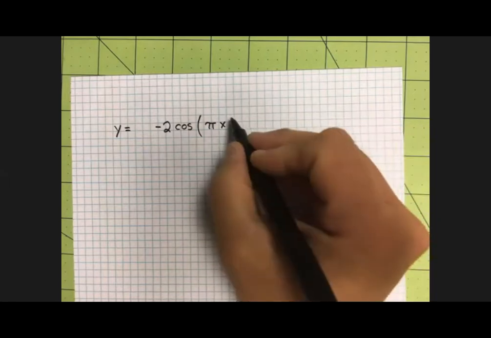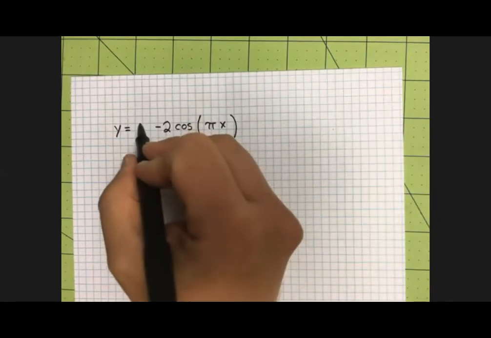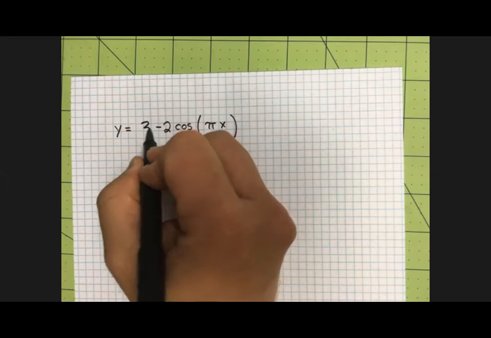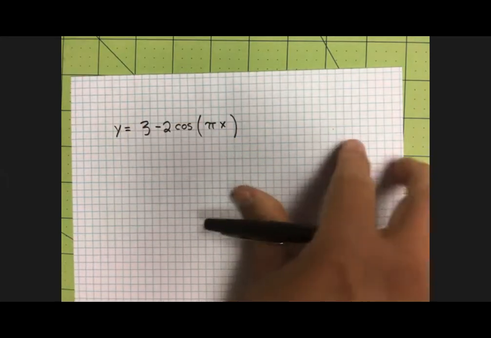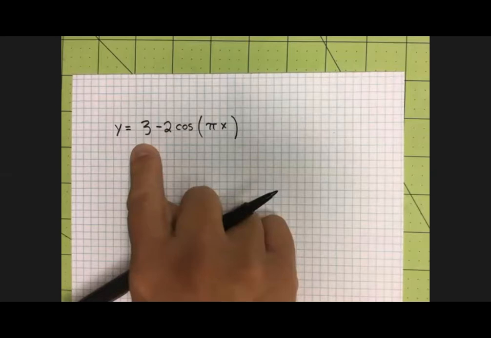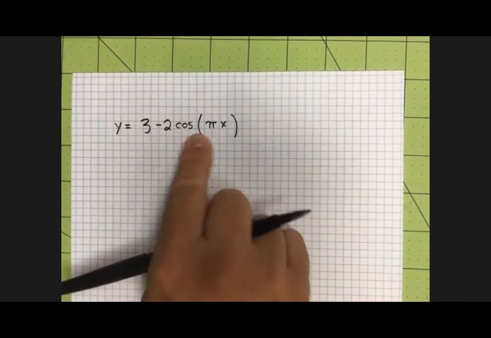And then let's really go whole hog. Let's add a number 3 in front. Okay, I'm going to draw the graph of 3 minus 2 times the cosine of pi x.